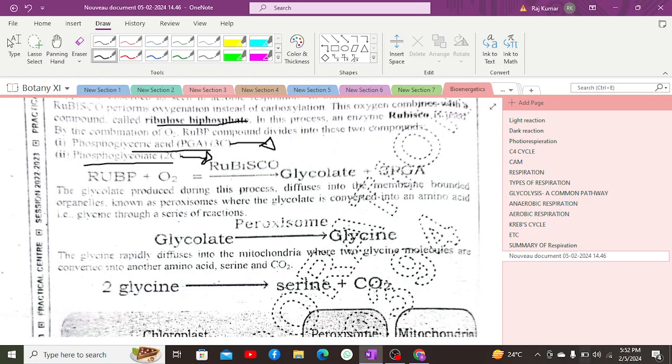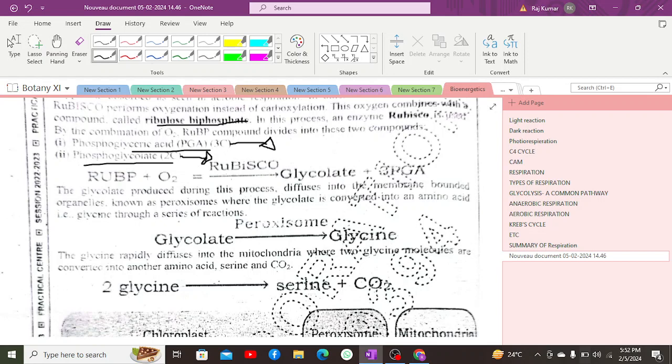In the peroxisome there is an enzyme known as glycolic acid oxidase, which causes oxidation of glycolate and converts it into glycine.